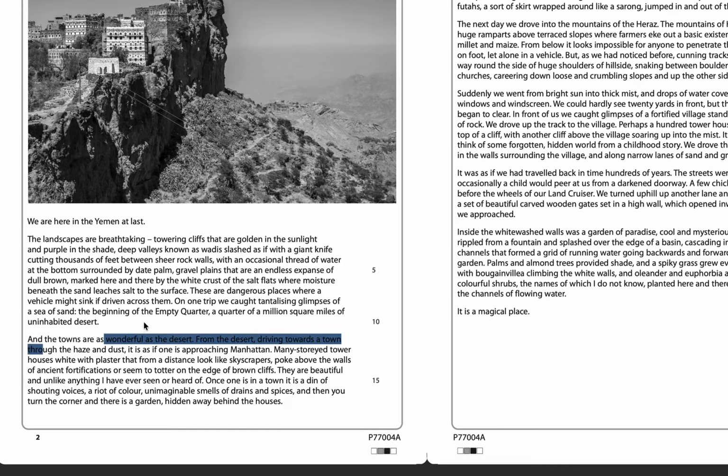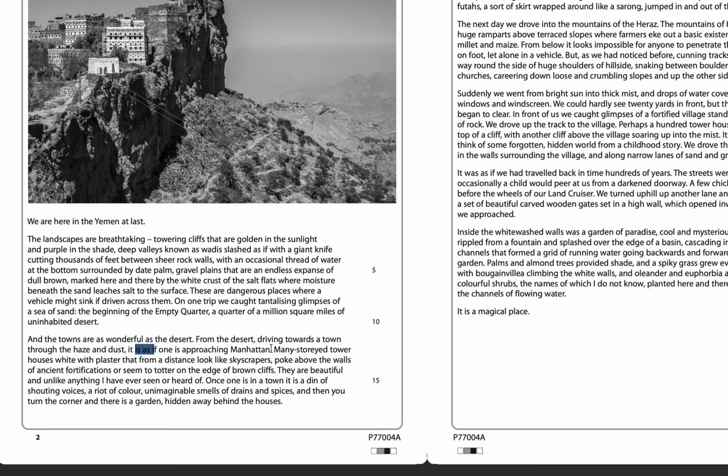And as a town is as wonderful as the desert, the towns are as wonderful as the desert. Another simile: the towns are as wonderful as the desert. So he's saying that the deserts are beautiful, the towns are beautiful as well. From the desert driving towards the town through haze and dust, it is as if one is approaching Manhattan. Manhattan is a city in New York.